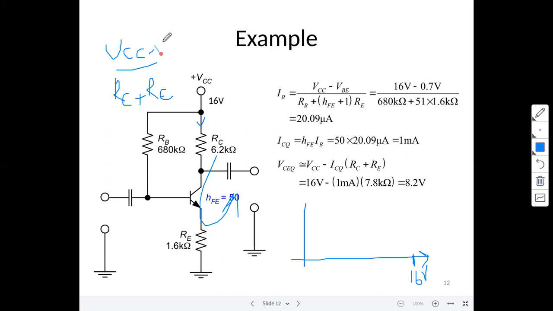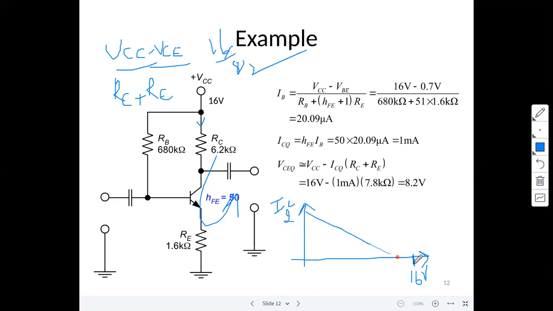Of course, there is some junction voltage VCE. RC plus RE is around 6.2 plus 1.6, which is 7.8, approximately 8. 16 by 8 becomes around 2, and the maximum collector current IC maximum is equal to 2.